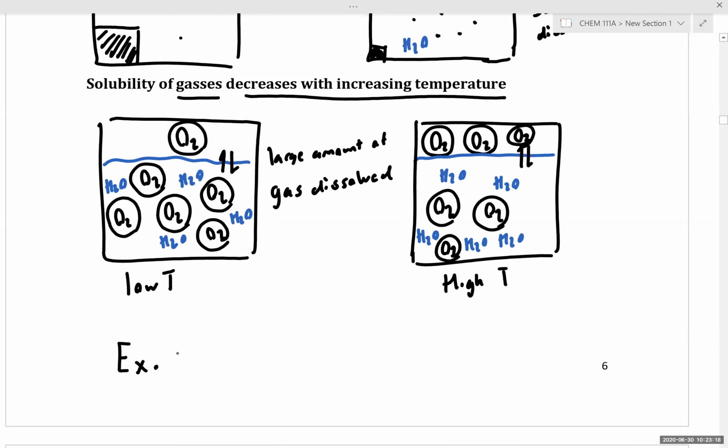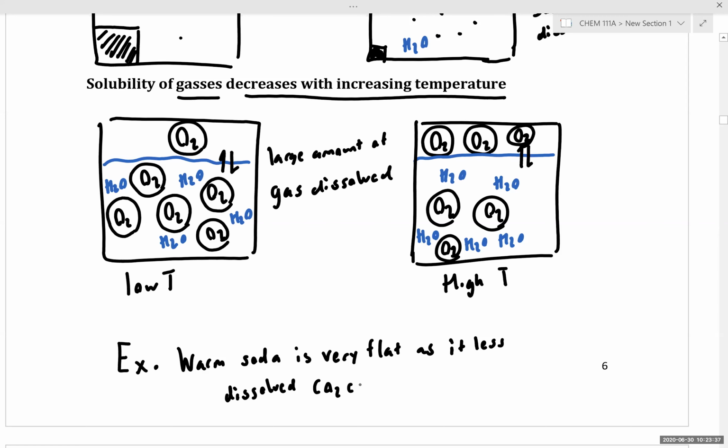Another example is warm soda. If you've ever tried to drink warm soda, it is very flat as it has less dissolved carbon dioxide gas. So these are some tangible examples of these phenomena.